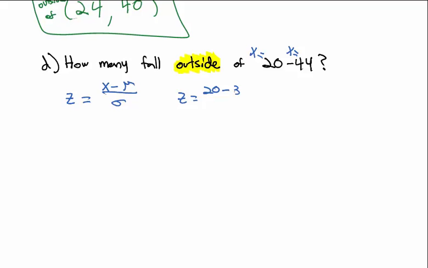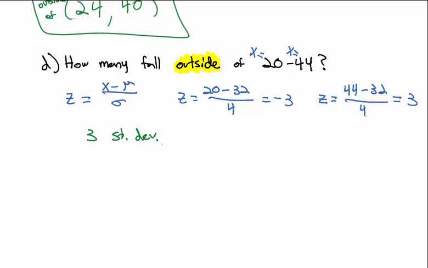The mean is 32, divided by sigma, the standard deviation of 4. 20 minus 32 is negative 12, divided by 4 is negative 3. We should get the same value from the 44, just positive. 44 minus 32 over 4 is indeed a positive 3. So we want to be within 3 standard deviations of the mean. That's what we're going to use for k.